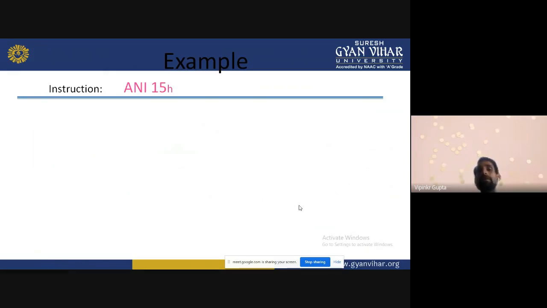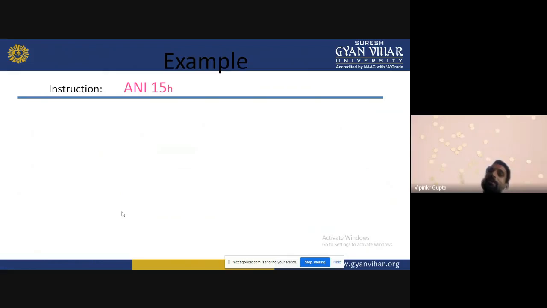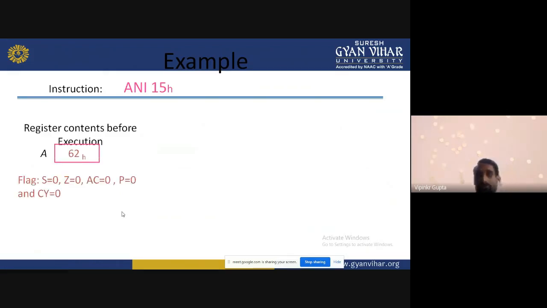ANI 15H, it means within the instruction it is having the data. That is the difference of previous one and this one. In the previous example, we fetch the data from a different register, but here data is directly given. So suppose that I am having an example.